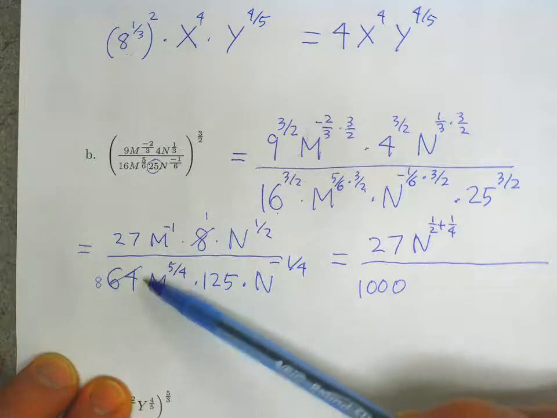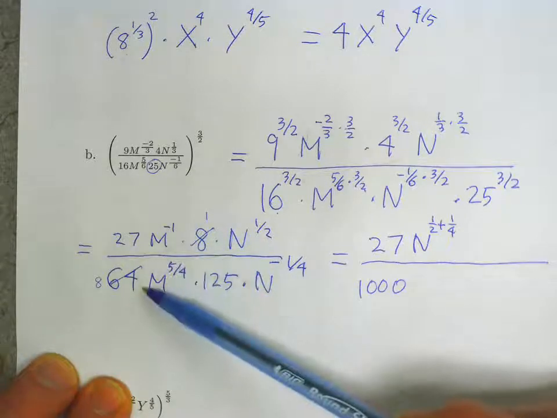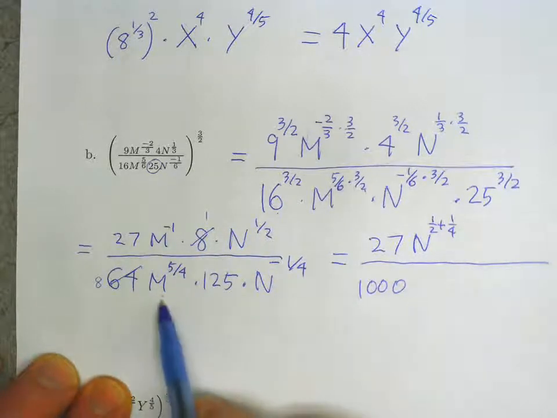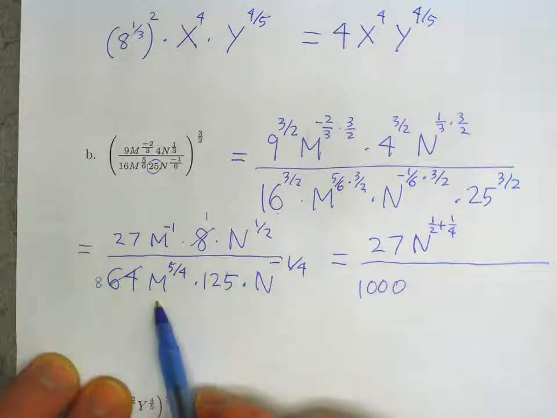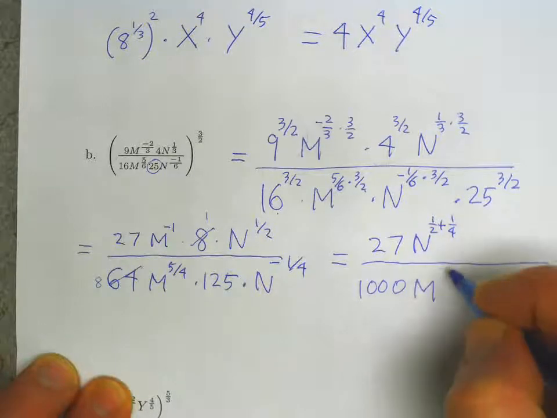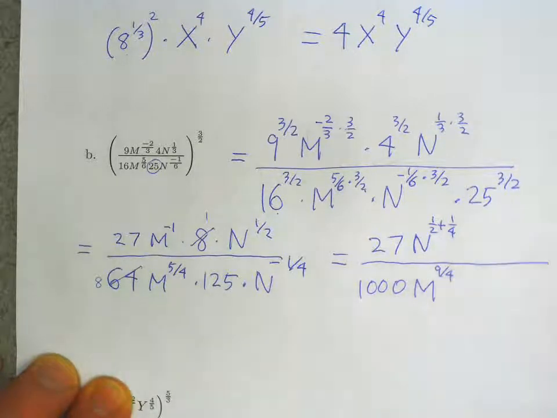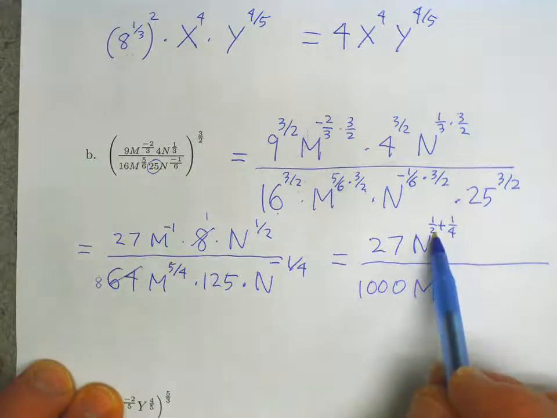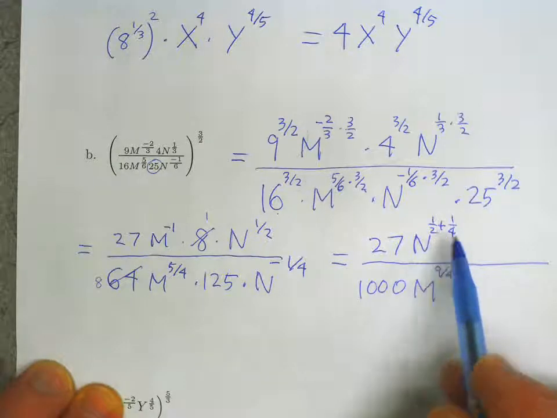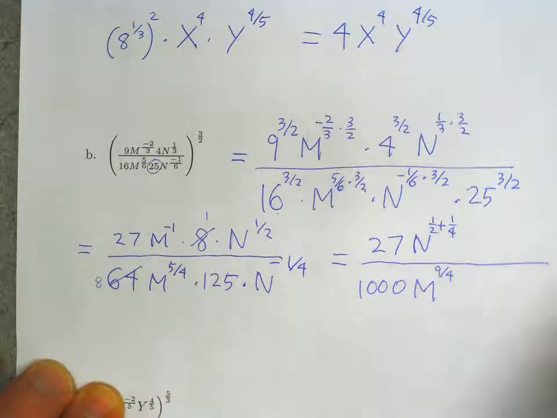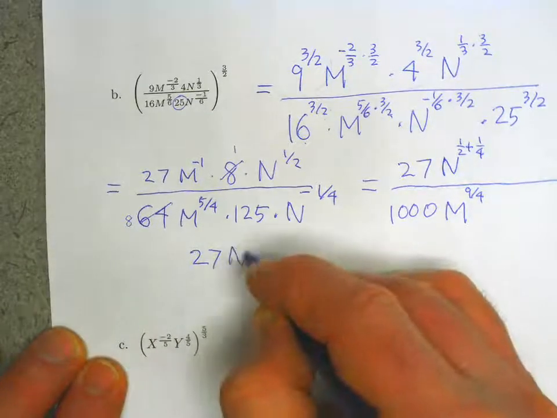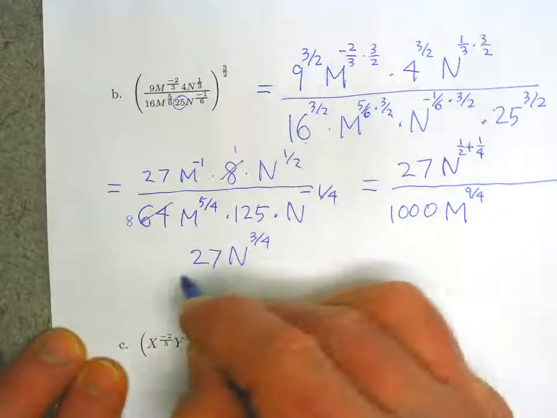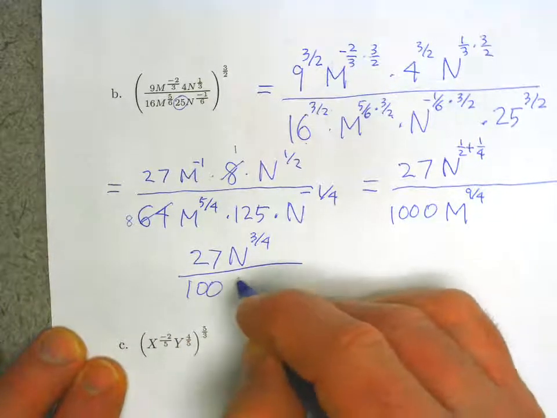So m to the negative 1 in the numerator is equivalent to m to the positive 1 in the denominator, and m to the 1st times m to the 5/4 is m to the 9/4 because we add the exponents. And then this exponent just simplifies to 3/4. So I'll go ahead and write the last form, 27n to the 3/4 all over 100 m to the 9/4.